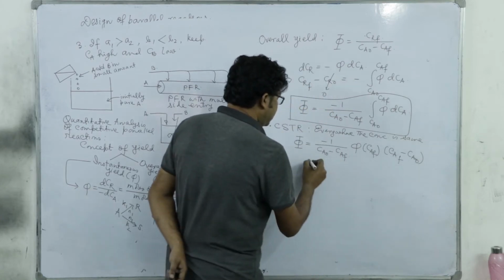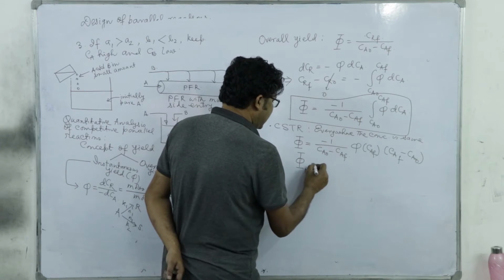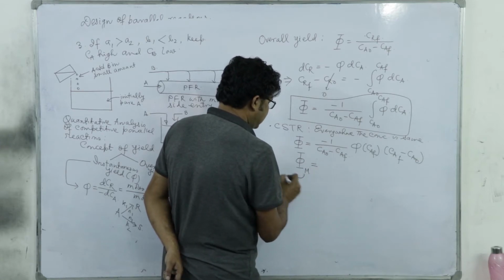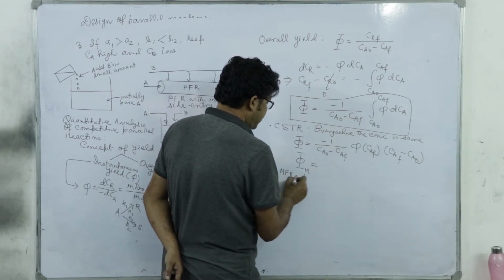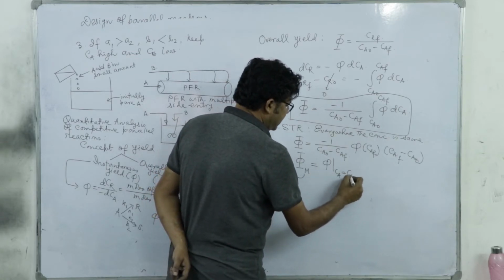So what do we get? Phi m, where m stands for MFR, the CSTR, is equal to the instantaneous yield evaluated at Ca equal to Caf.